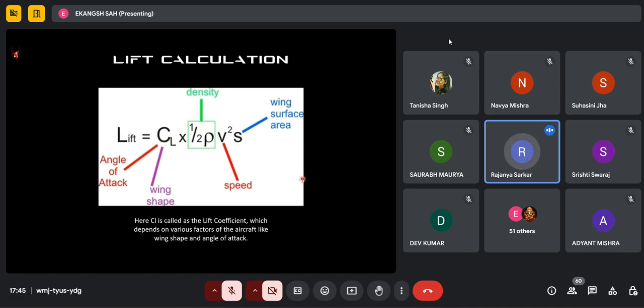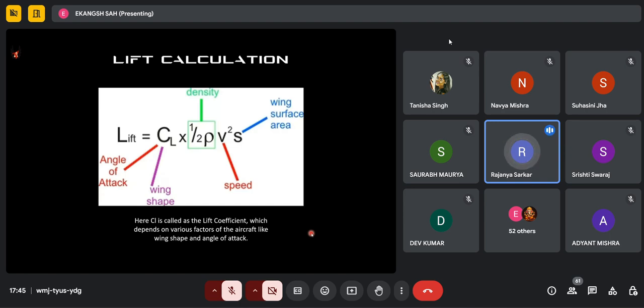Majorly, CL depends upon the angle of attack. But you have to keep in mind that there are many other parameters that affect the CL, right? We will be discussing these things in further workshops or after your inductions.